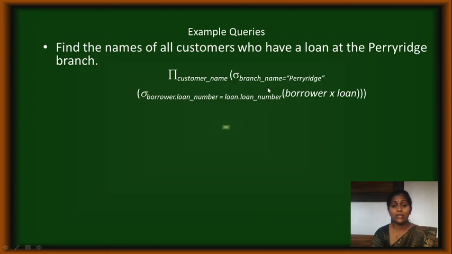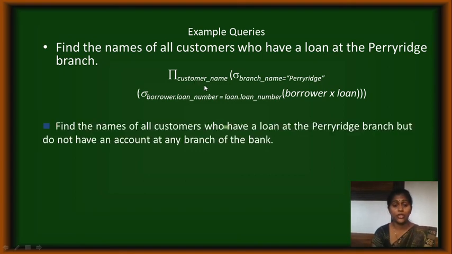And then if this condition exists, I am combining two tables, borrower as well as loan, a Cartesian product will be done, and whenever the loan account numbers are equal, it retrieves unique values, where the values consist of the branch name, and only from those rows the customer name column will be retrieved.